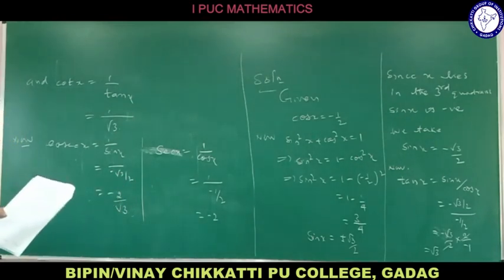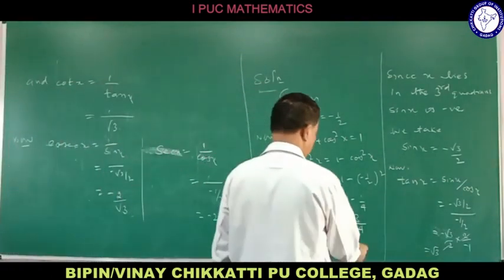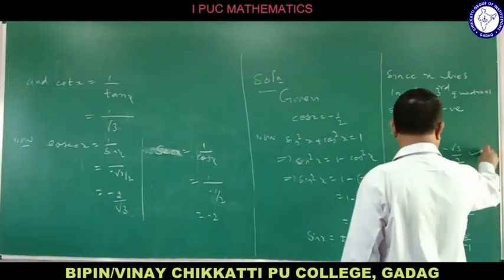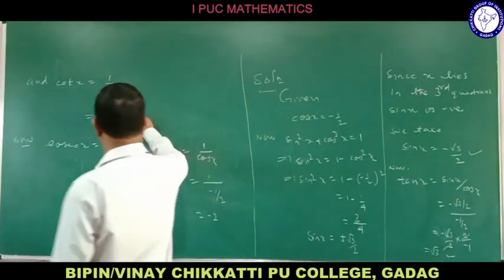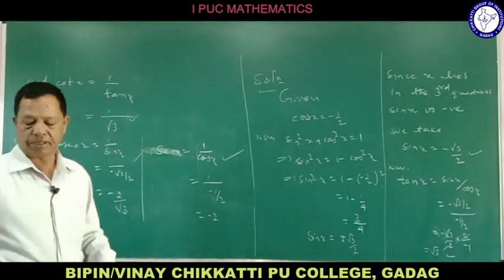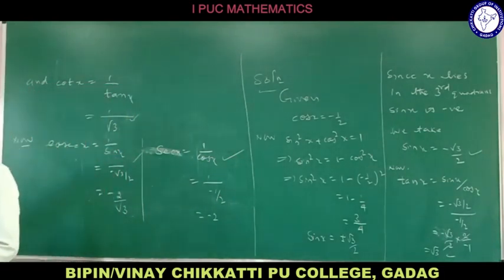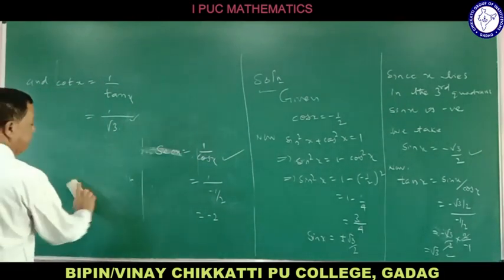So all the functions that you have to determine here, this is 1, this is 2, 3, 4, 5, functions we have determined. This is the way we find the 5 trigonometric functions. Likewise, we have to go for finding the other functions.